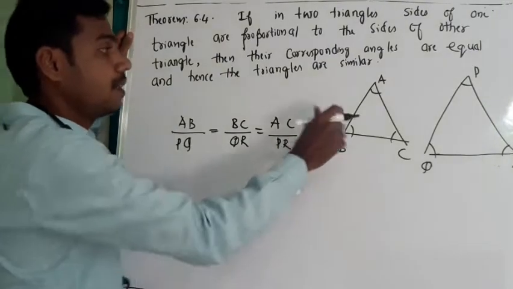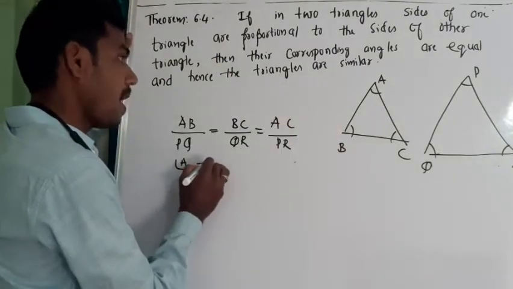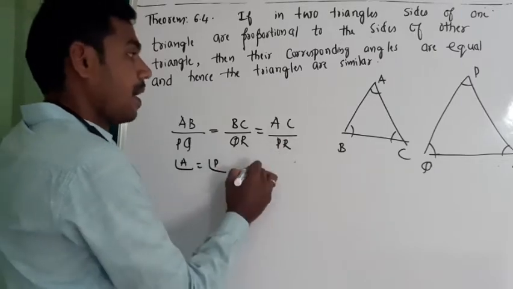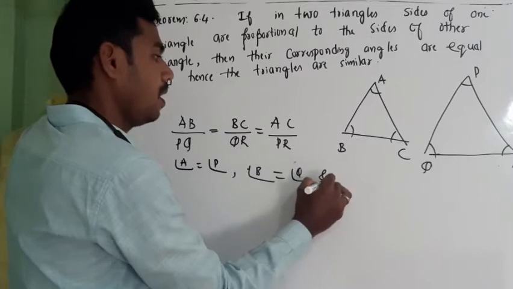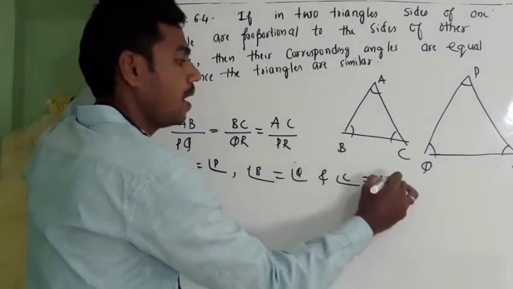Angle A will be equal to angle P, angle B will be equal to angle Q, and angle C will be equal to angle R.